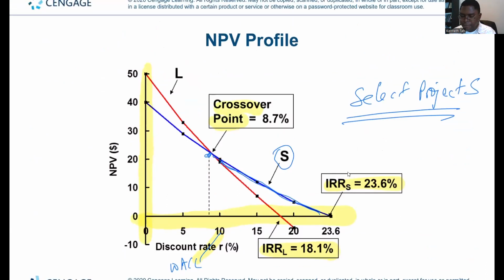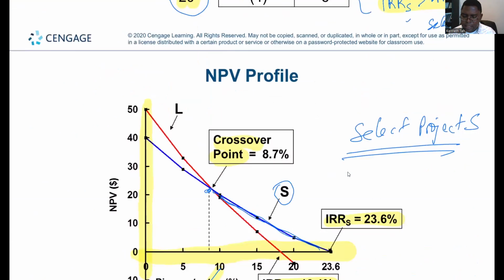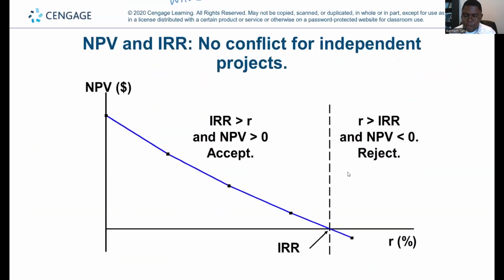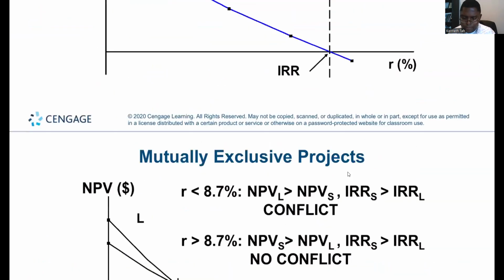If we have a situation for which NPV suggests one thing and internal rate of return is suggesting another thing, this cross point is going to guide us into selecting the project based on the WACC, and then we see that line S is greater than L. When the projects are independent, there is no conflict.